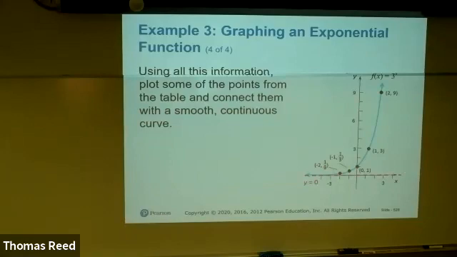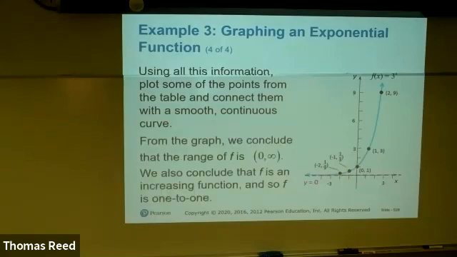So you can have negative x values, you can have positive x values, you can have x equal to 0, but all your y values have to be a positive number. And from the graph, you can see that the range is all positive real numbers.